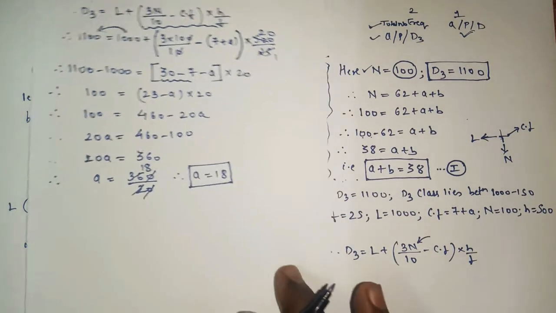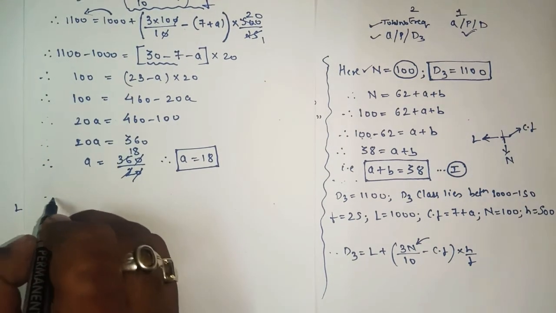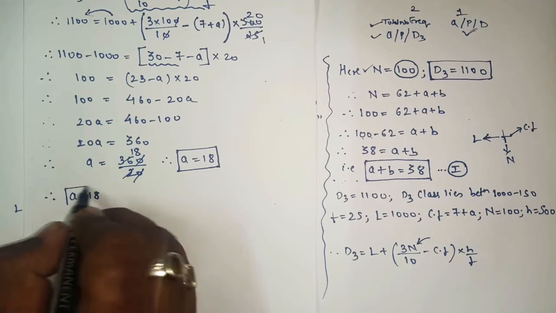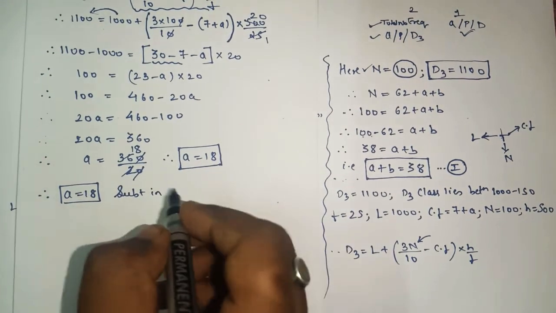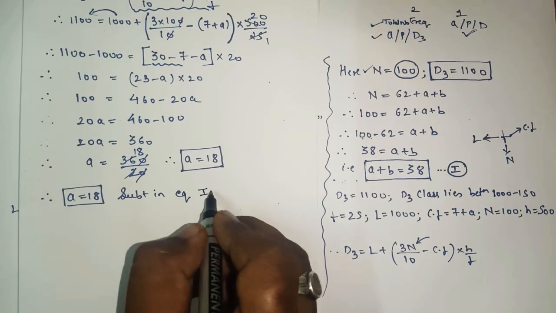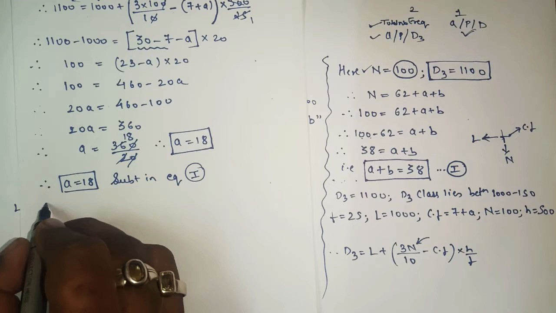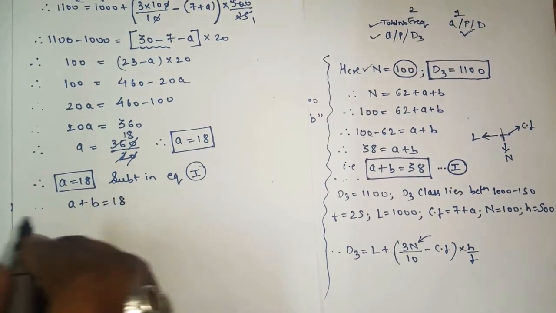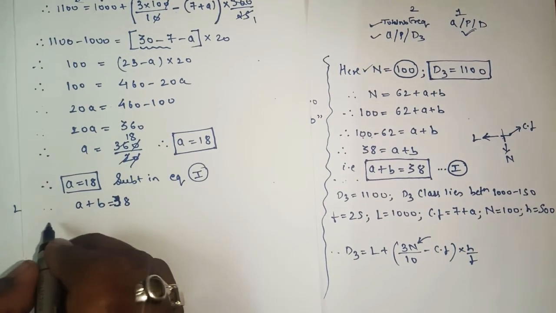That is the individual value. Now we have to find the value of b. Simply take this value of a as 18 and substitute it in equation number 1, where you will get the value of b also. So a plus b is 38.